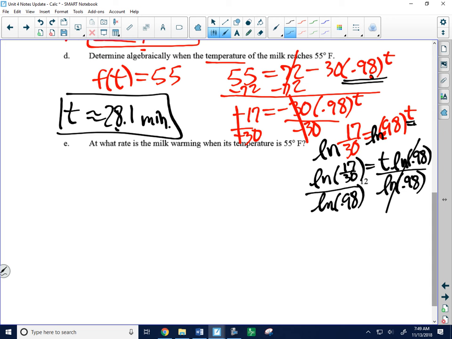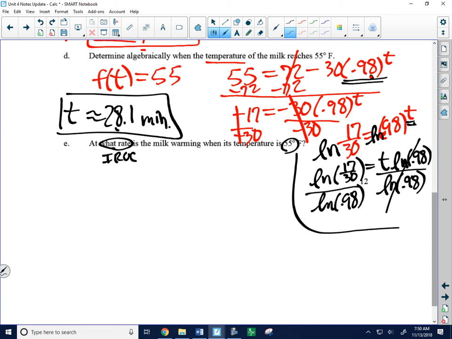Last one, any thoughts on A through D? At what rate? We're back to a rate of change, I'm going to write IROC. At what rate is the milk warming when its temperature is 55?